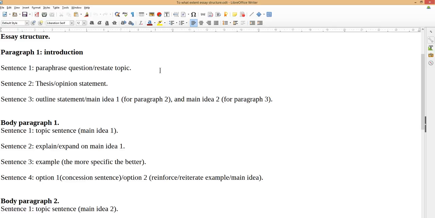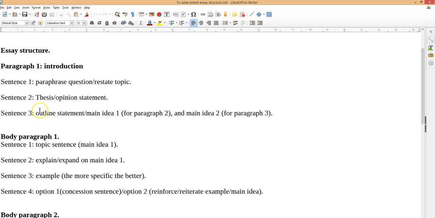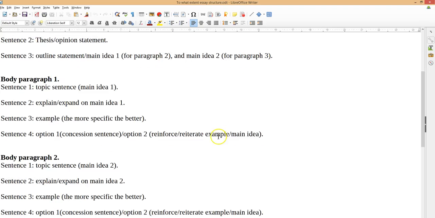You paraphrase the question, restate the topic. Sentence 2, what do you think? Because it says, to what extent, so it's asking for your opinion. Then sentence number 3, an outline, what's your main idea, what are you going to say?